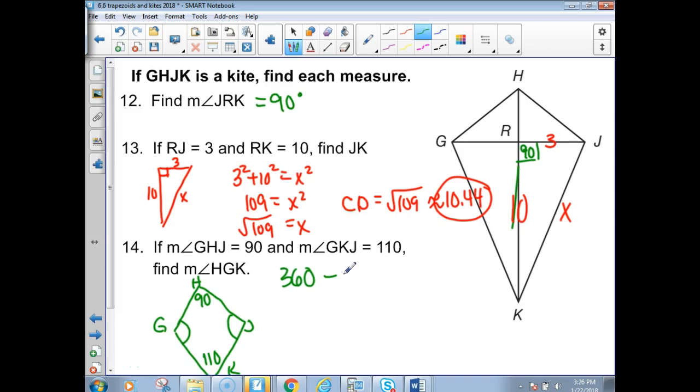So I'm going to do 360 minus 110 minus 90 and see what I've got left for those two angles. Someone tell me what 360 minus 110 minus 90 was. 160, right? Okay. So that's telling me that I have to share that between two angles. So I'd have to divide this by 2 and get 80.